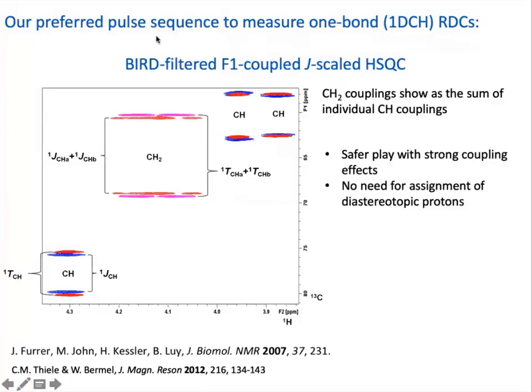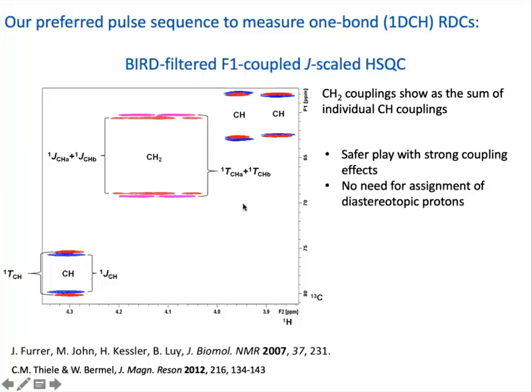Our preferred pulse sequence to measure 1 bond RDCs is the BIRD filter F1-coupled J-scaled HSQC. You measure them in F1. So here you have an overlapping of the isotropic and the anisotropic. So you have here the total coupling, then you have here the J, and for CH2 you have the sum of the couplings, and then I will show you also for CH3 what you see.